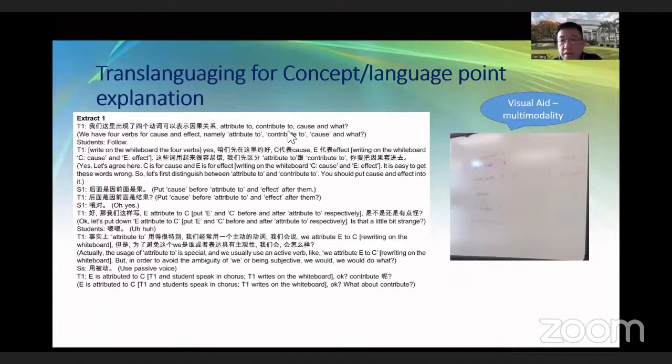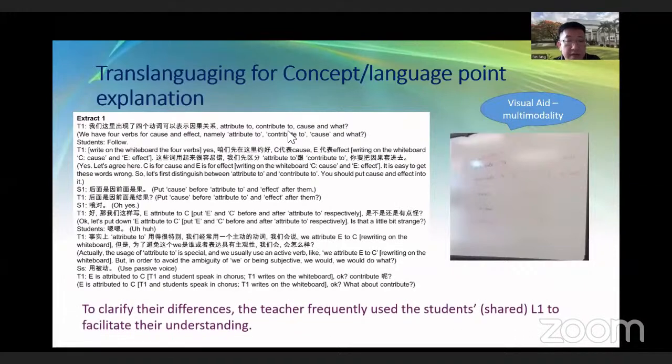So here the first example is the use of translanguaging for concept and language point explanation. The teacher uses images and explanations on the whiteboard to explain, and also makes use of the first language to explain this concept, the language point. Here the teacher was introducing cause and effect.